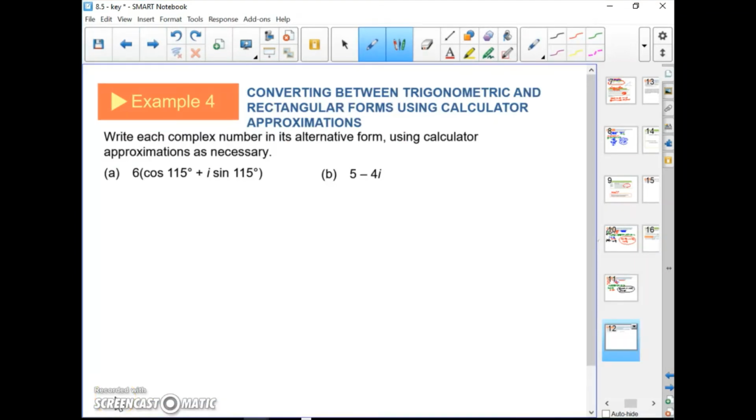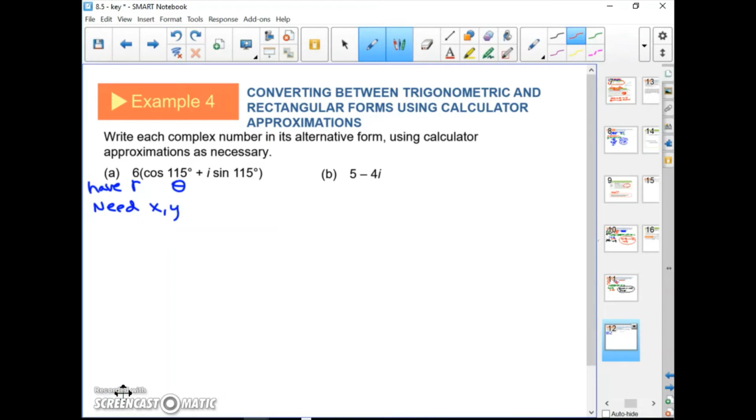Example 4, write each complex number in its alternative form using a calculator if you need. So if you look at example A, I can see that I have r and theta. That means I'm in polar form. That means I must need x and y. They're asking me to change it to the other form.